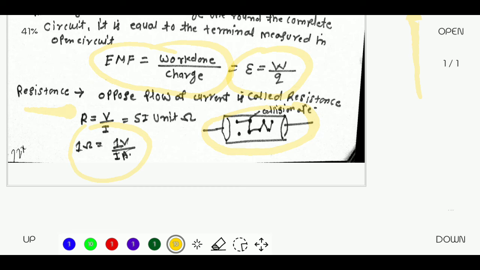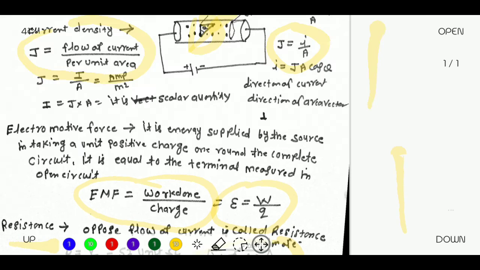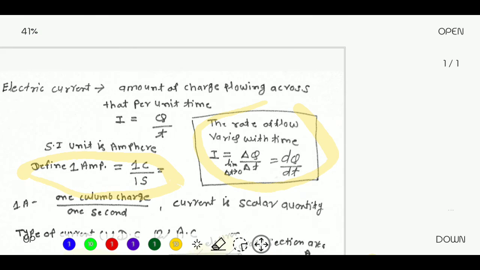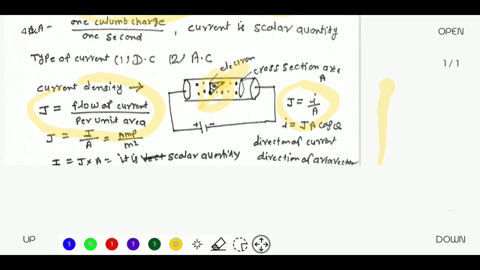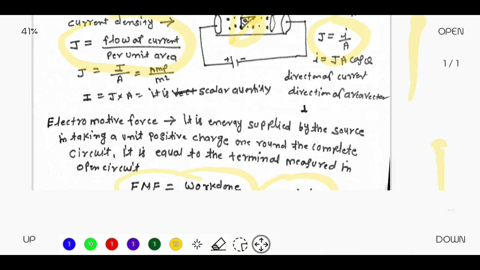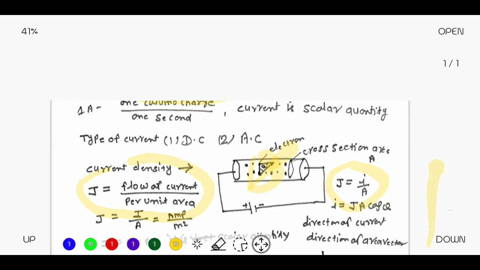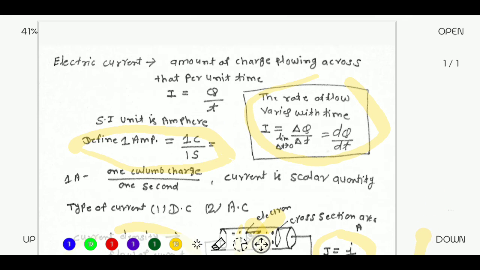So today we have discussed what current, current density and resistance are, and their different definitions. Simple definition of current: the amount of charge per unit time is called current.